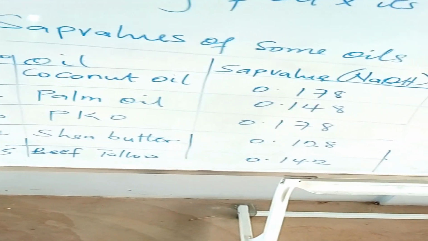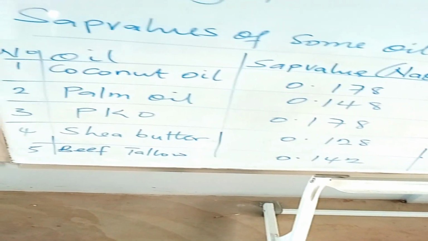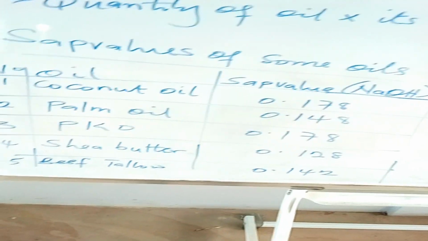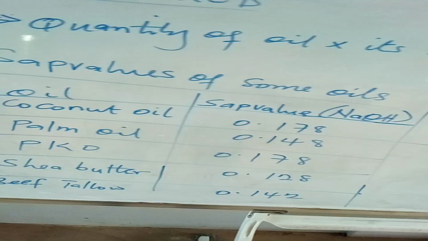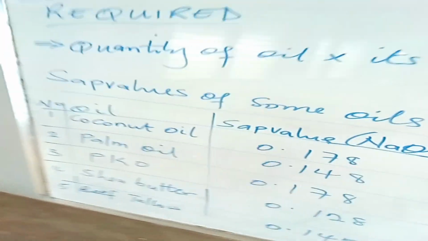In general, saponification value is the amount of lye required to saponify, or to turn, 1 gram of oil into soap. So if we take each oil, how much lye do you need to combine with that particular oil so that we can have our soap?